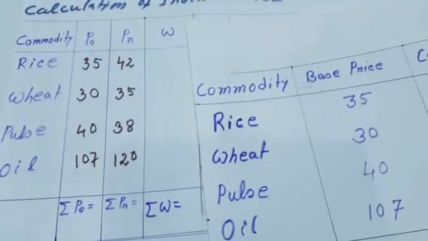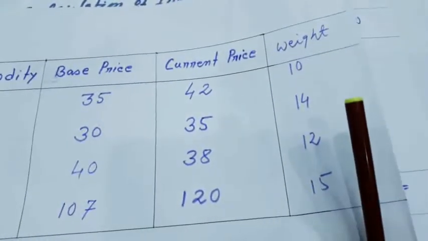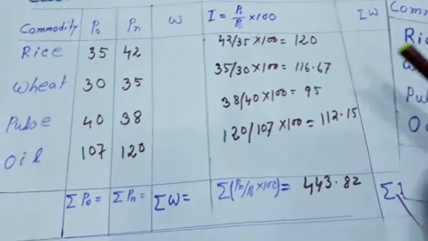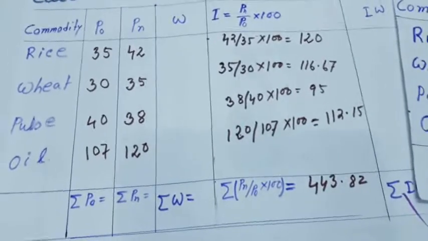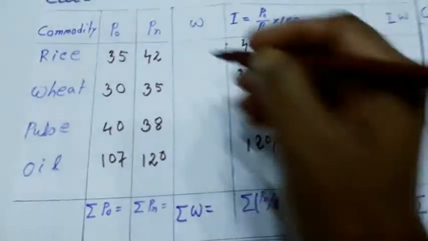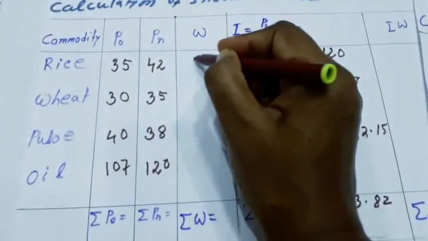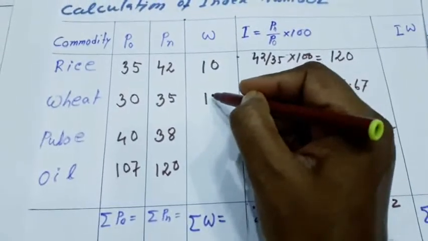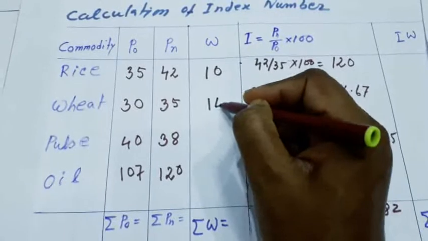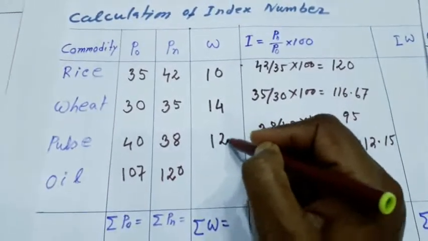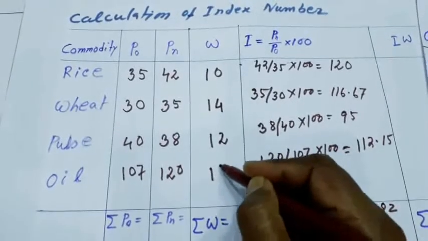Here W is blank. What is W here? 10, 14, 12 and 15.